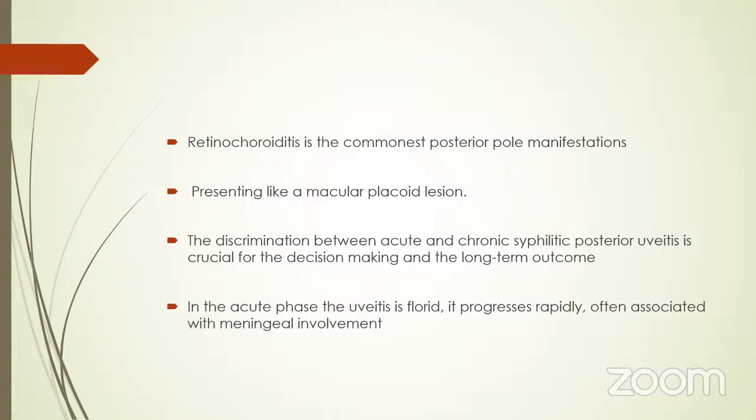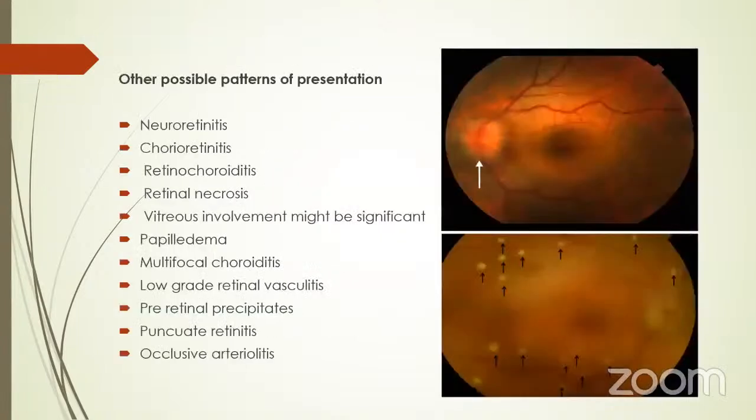The discrimination between acute and chronic syphilitic posterior uveitis is crucial for decision making and the long-term outcome. In the acute phase, the uveitis is florid. It progresses rapidly, often associated with meningeal involvement. Other possible patterns of presentation can be neuroretinitis, as we could see in our case, chorioretinitis, retinochoroiditis, retinal necrosis, vitreous involvement might be significant, papilledema, multifocal choroiditis, as in the case I've presented in this presentation, low-grade retinal vasculitis, pre-retinal precipitates, as you can see over here.